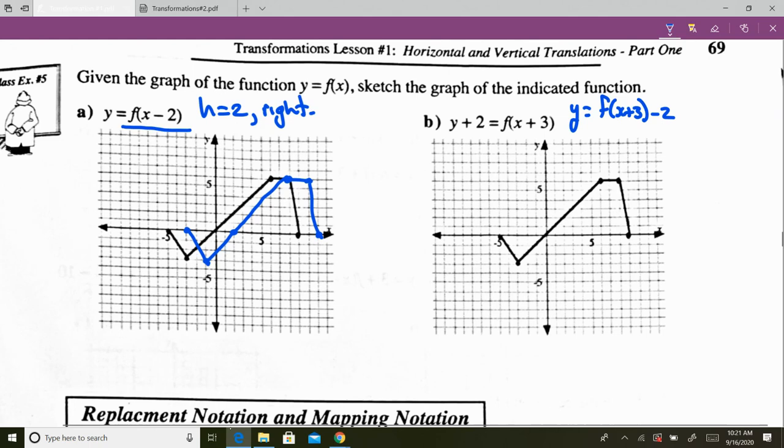So we went left, how many? So left 3. So our h value is -3. And we went up or down? Down 2, so our k value is -2. All right, so then you just move each point 3 units to the left and 2 units down. 1, 2, 3, 1, 2.